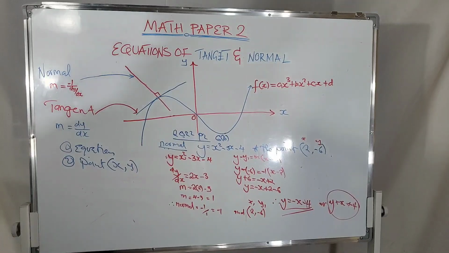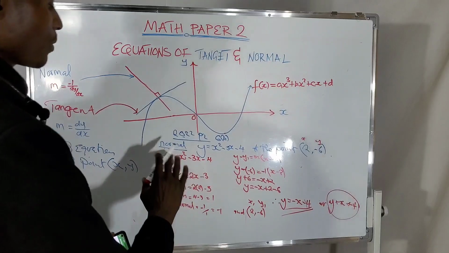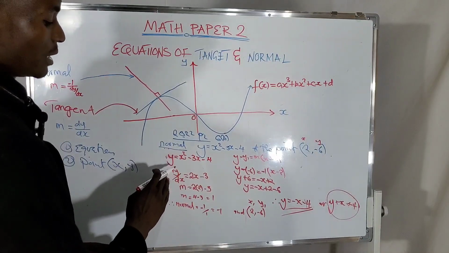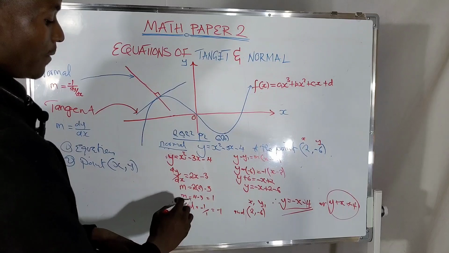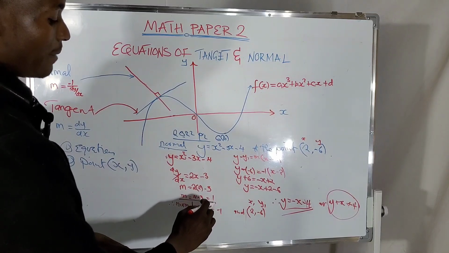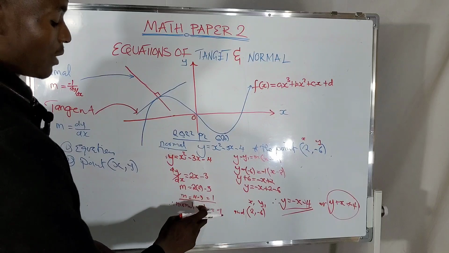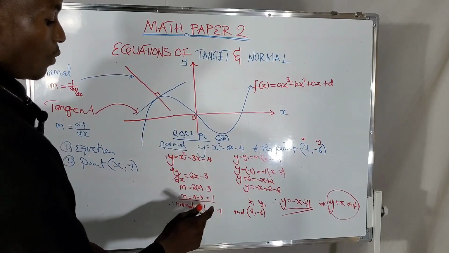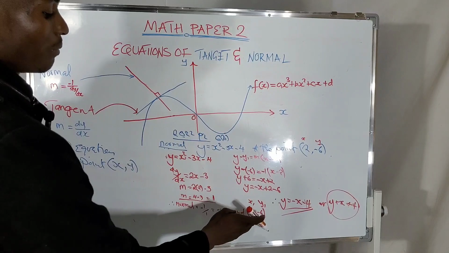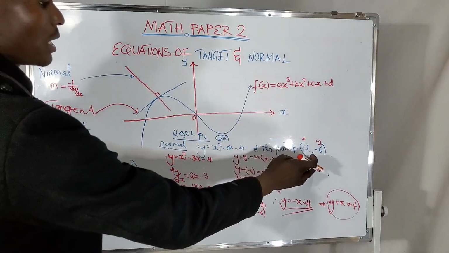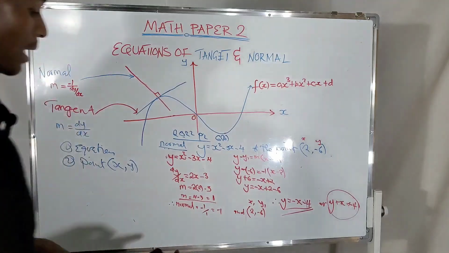If this was the equation of the tangent, we would have solved it the same way up to where we found the gradient. But we would not substitute negative 1 over the gradient. We would use the same gradient we found, directly with the point. So tangent is easier.